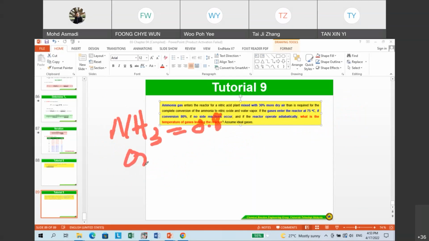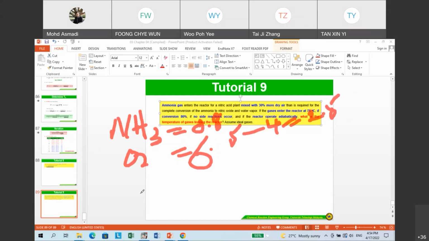Oxygen: 80% reacting, so 6.5 minus 4, reacting is only 4, so leaving only 2.5.